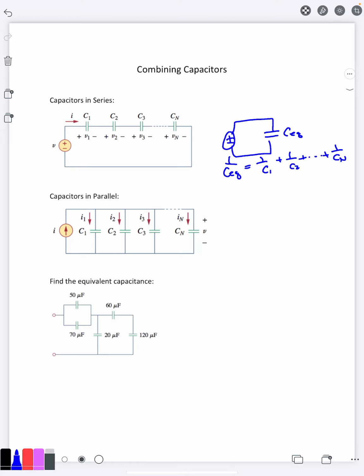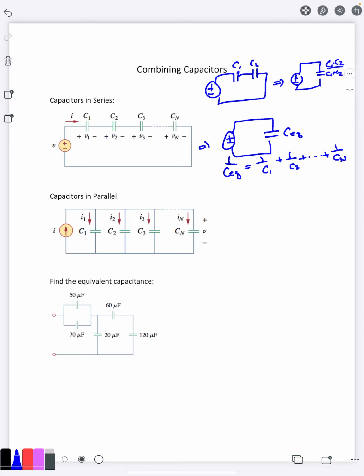So again, the rule for parallel resistors is the same as the rule for capacitors in series. And there is the shortcut where if you just have two of them, C1, C2, you can turn that into a single capacitor whose value is C1 times C2 over C1 plus C2.